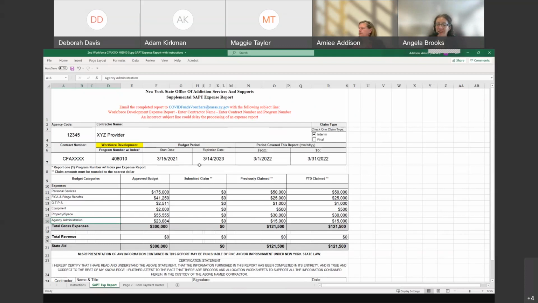All right. The next question was, do we submit claims monthly? Yes, you can. The next one is, we have budgeted for hazard pay and longevity pay, which was paid via payroll fringe.